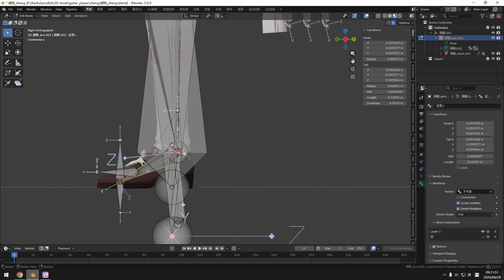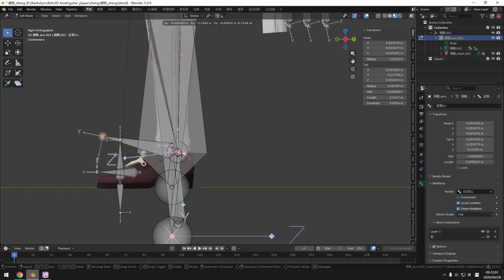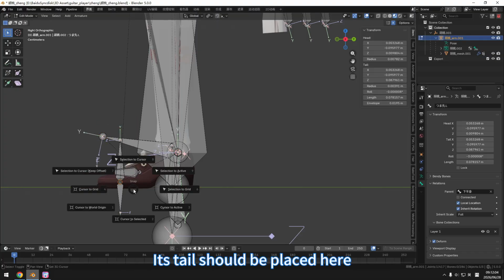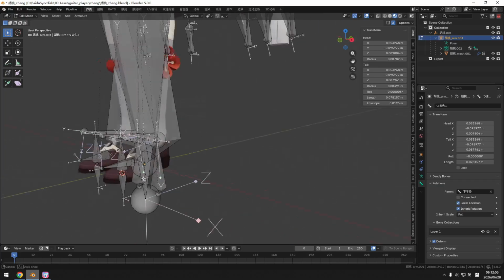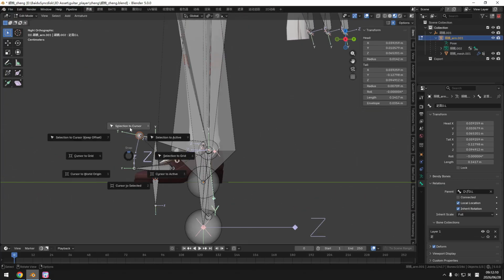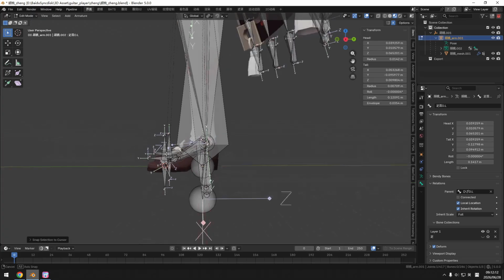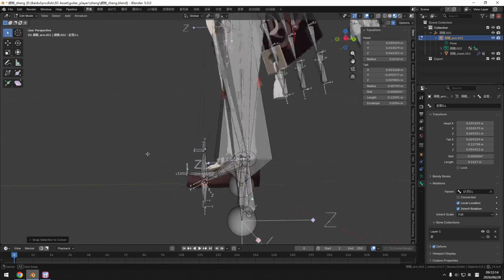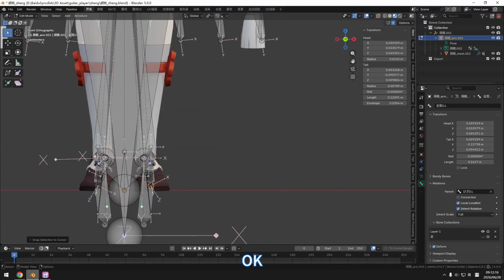We delete it. Foot L is also useless. The useful one is the one with feet. So we deleted it. Here is the one with feet. Its tail should be placed here. Okay.